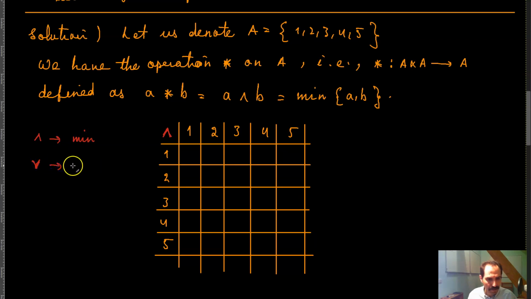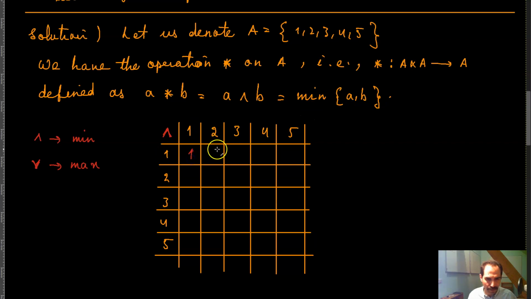These are the two functions. For A star B, you can take all of these as A and all of these as B. Then A star B is A minimum B, which is the same thing as minimum of A comma B, which is 1 and 1.